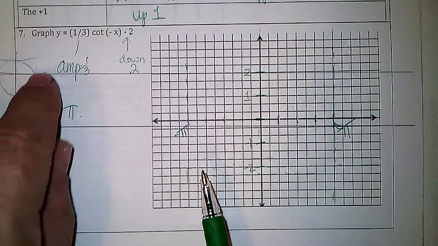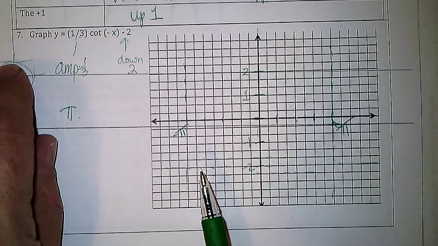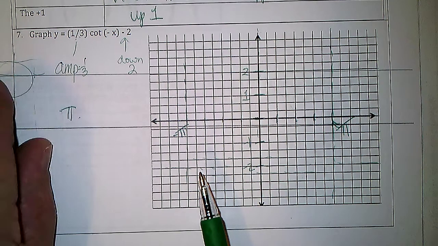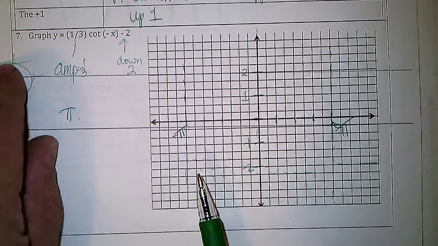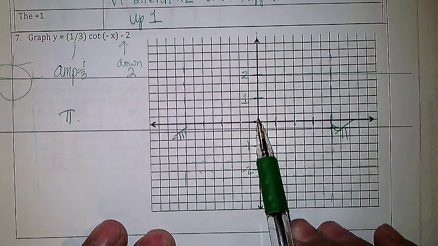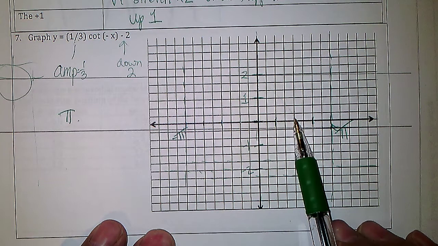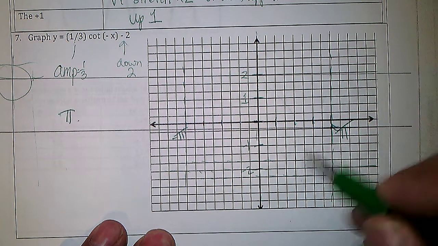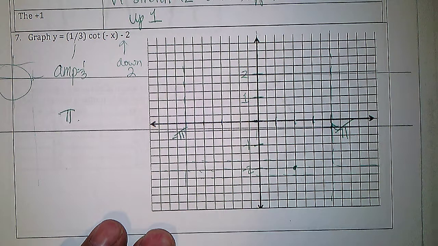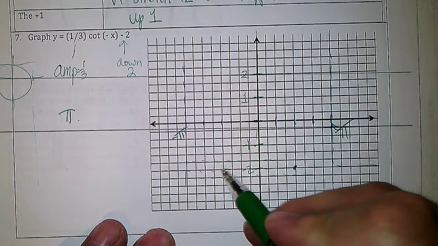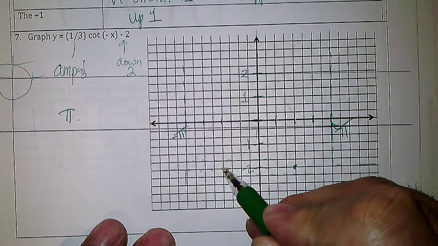Now the cotangent at pi, a quarter of the way through its period, halfway through it, it's 0. But the 0 is now on the center line, so that's here, and that would be also here.